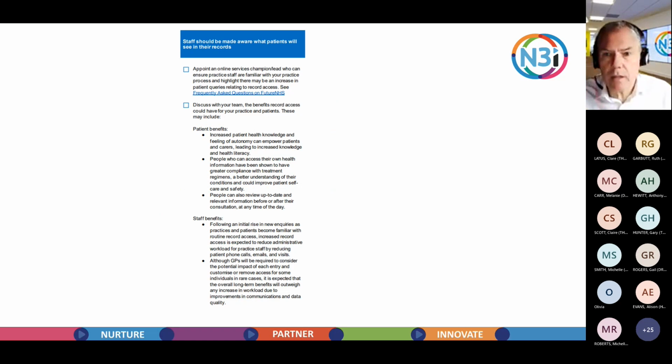Again, this is just about staff awareness, really. It says appoint an online services champion lead. I suspect, practice managers, that's probably a job that's coming your way. Certainly in large practices, you may want to give this as a little task to someone, just to go around and make sure that everyone is familiar, pick up any questions, and be aware of how you're going to think about issues.